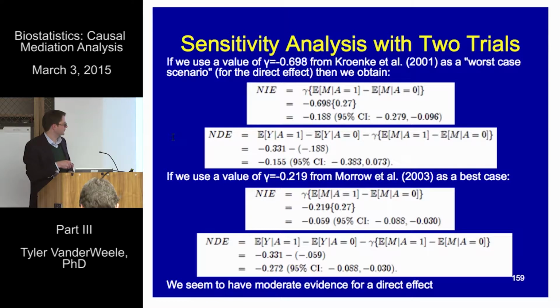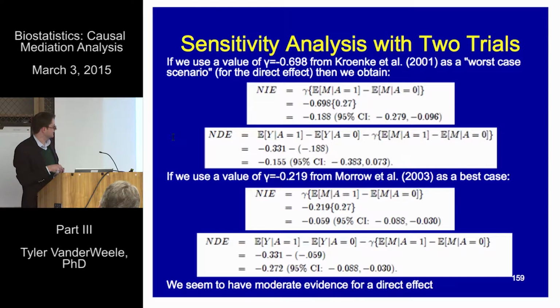The natural direct effect we get by taking the total effect, minus 0.33, minus our natural indirect effect, which gives us a natural direct effect of minus 2.7. There's a typo in the confidence interval. Sorry about that. It should be something like minus 50 to minus 0.06. The confidence interval does exclude 0 here.